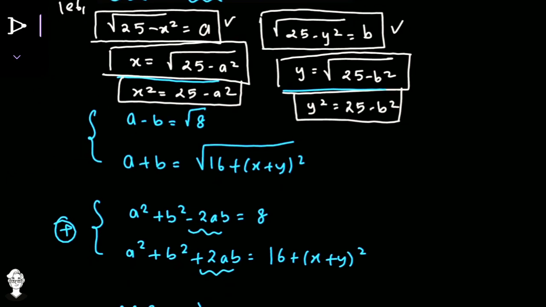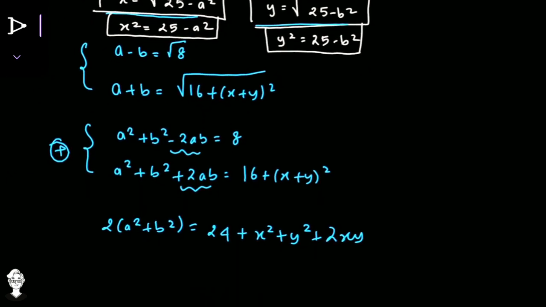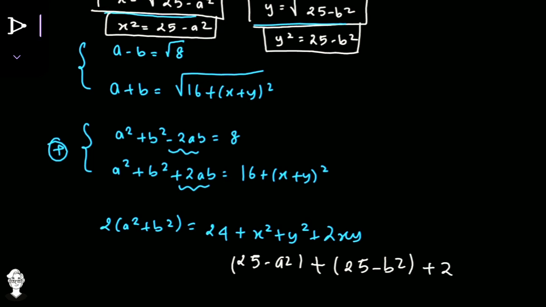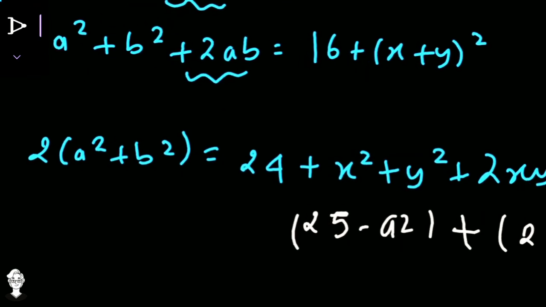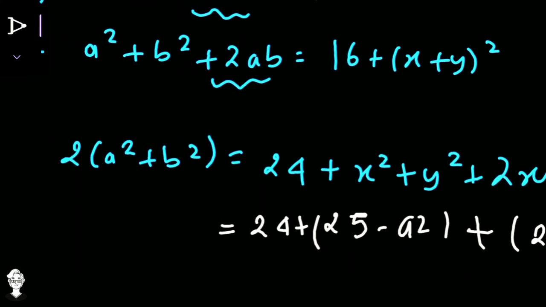So instead of x square and y square over here, I will put 25 minus a square for x square, and 25 minus b square for y square, plus 2 times x and y. So x and y have the values under root 25 minus a square and under root 25 minus b square. And plus 24 over here, and that is equal to 2 times (a square plus b square).